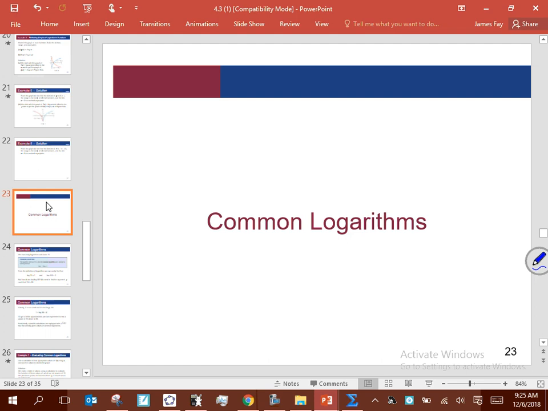What base do we use? What is the base of the metric system? 10. So our number system is base 10, right? Everything that we ever deal with is multiples of 10 or raised powers of 10. We have 10 values in our number system that get repeated over and over again.